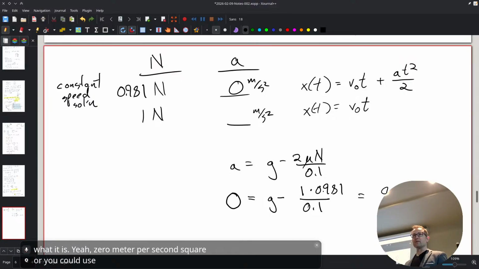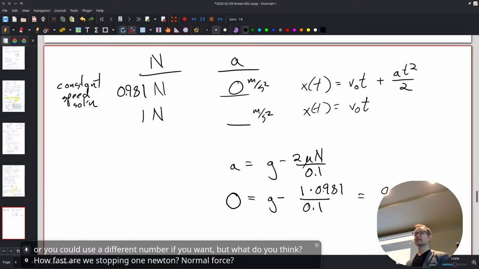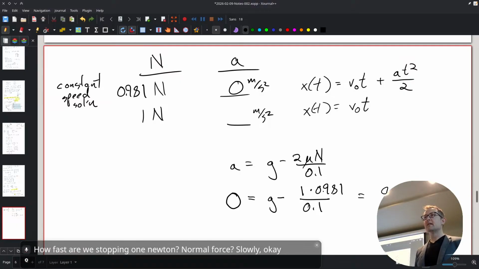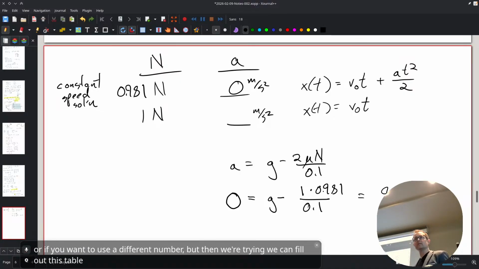Or you could use a different number if you want, but what do you think? How fast are we stopping with 1 Newton normal force? Slowly? Okay. Or if you want to use a different number, but we can fill out this table, or you can approach it a different way. But this was my thought.